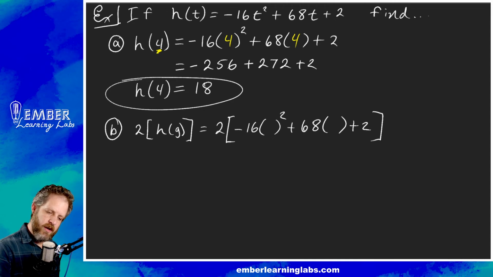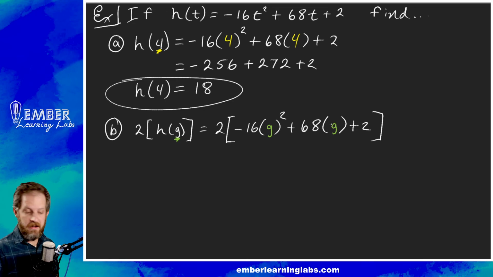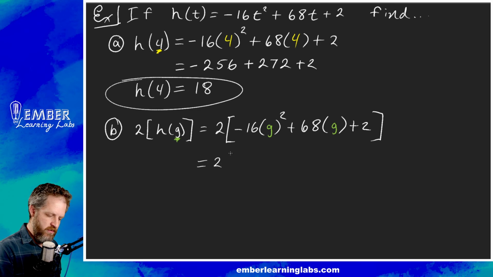Then we're going to substitute a g in for the variable. That's not too tricky. We do need to simplify this, clean it up a little bit. In here, we can just drop the parentheses. g squared is g squared, and g is g, right? So equals 2 times negative 16 g squared.